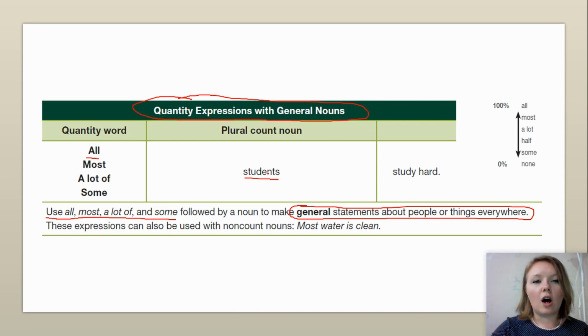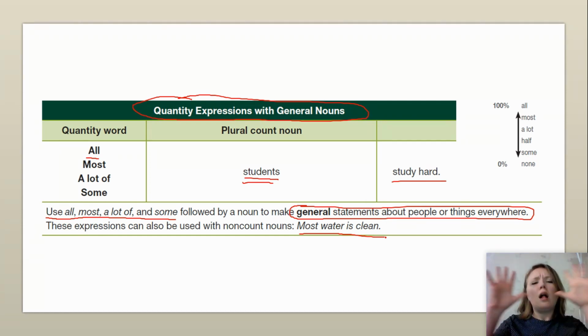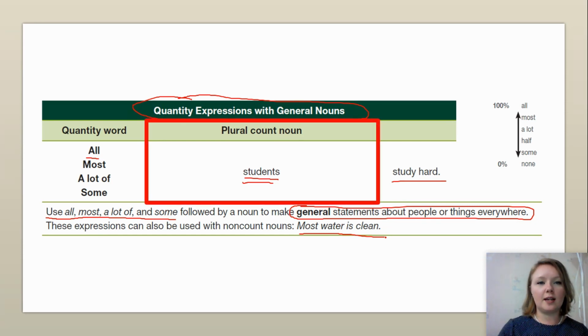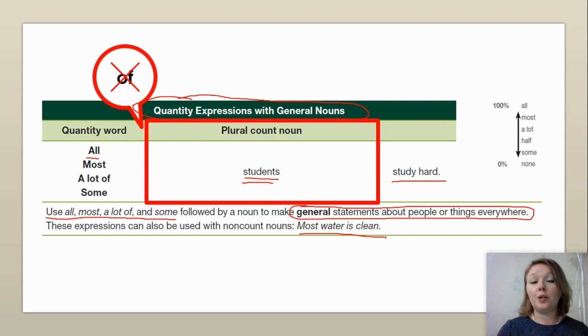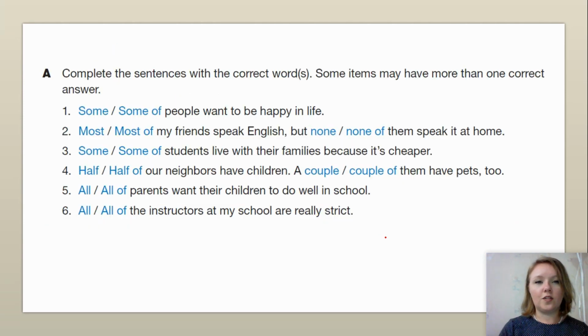If I say something like all students study hard, that means students everywhere. All students everywhere study hard.